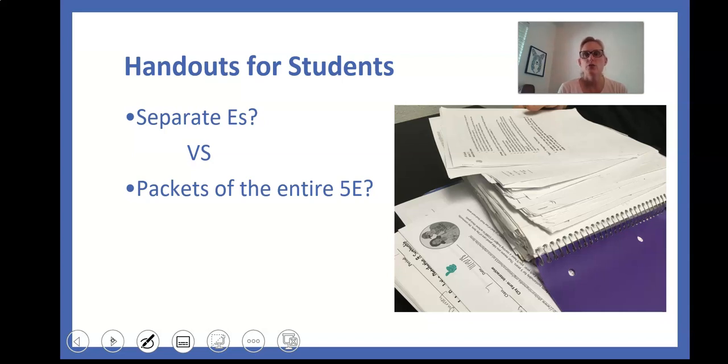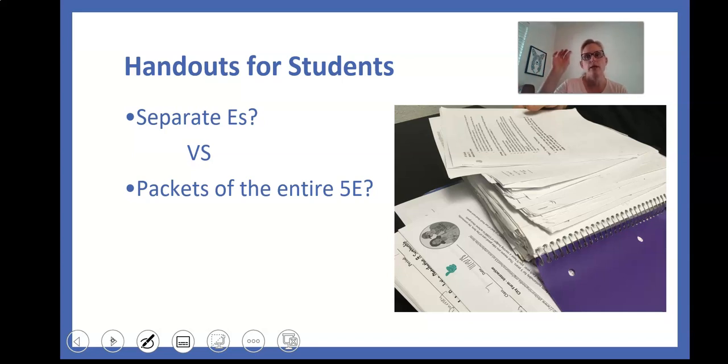During the Explore, where they're trying to construct meaning, they're so afraid of getting it wrong that they're going to Google, they're going to look ahead, but that's not that many of them. So it's really not that big a deal, I found, with my students looking ahead. But that is the reason why some people do 5E handouts separately.